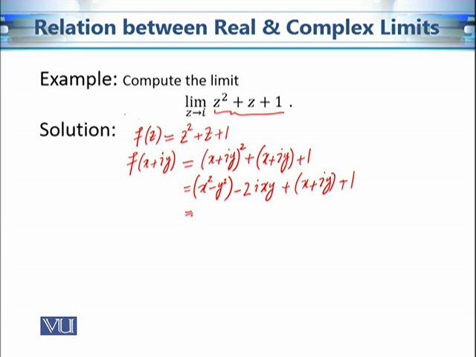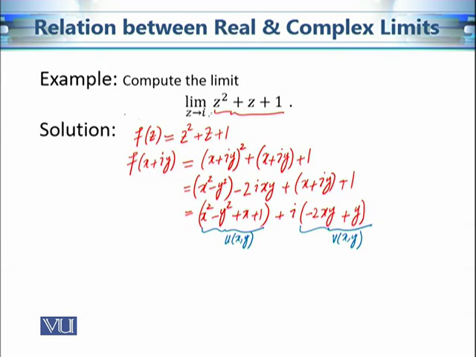Now separating the real and imaginary parts, we get the following: x square minus y square plus x plus 1, plus iota times (2xy plus y). So this is in fact u of (x,y), and this is in fact v of (x,y).